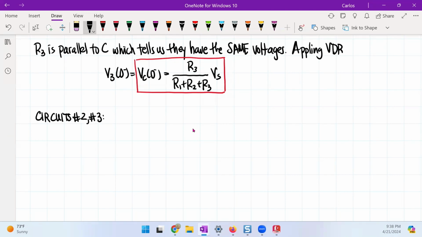In this situation, we're solving for the Thevenin parameters, VOC and RTH.